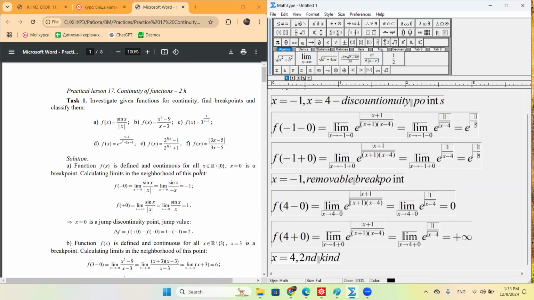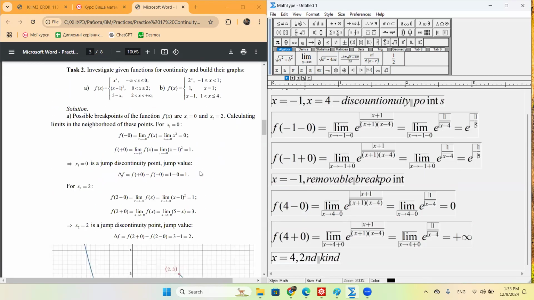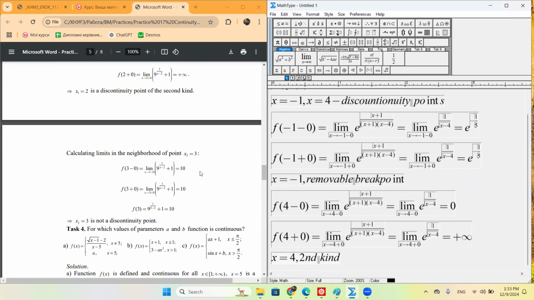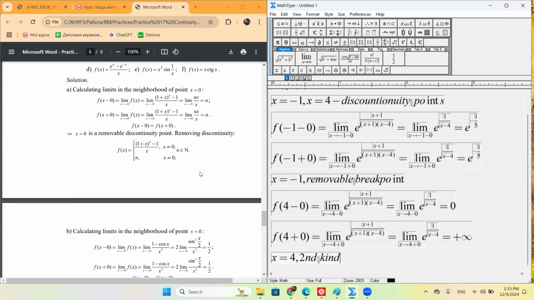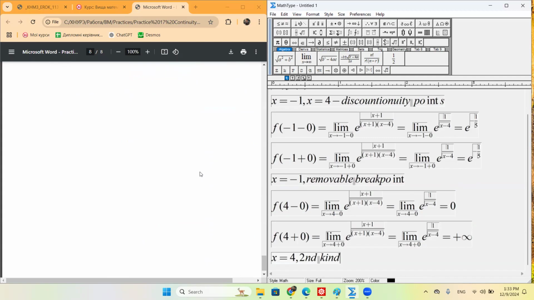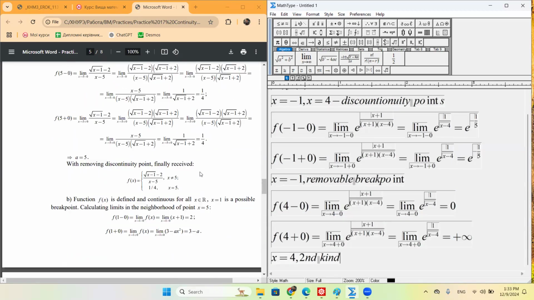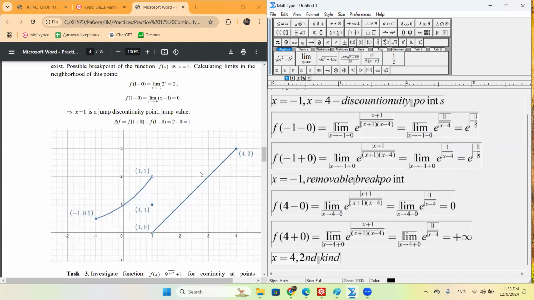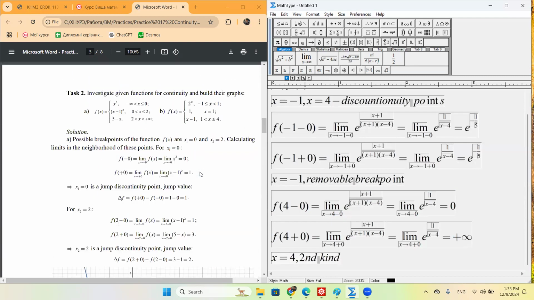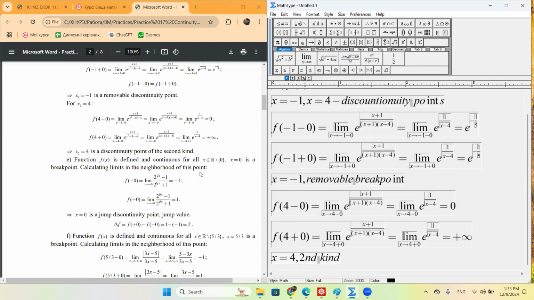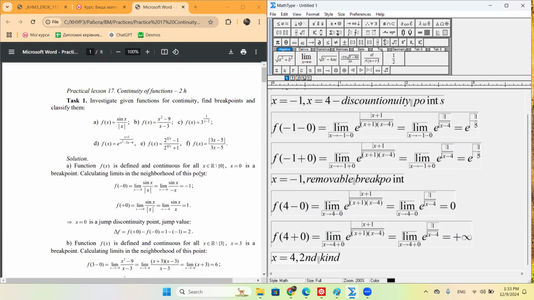Let me have a look at how many tasks we have and whether we can skip some of them. Well, I think we have enough time for now, so let's continue.